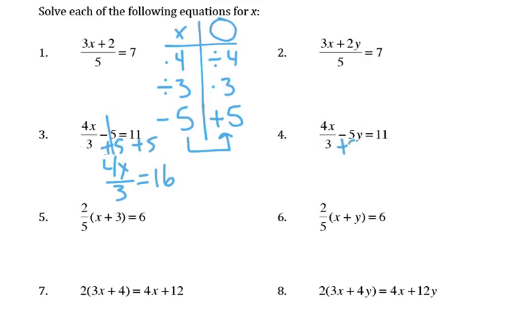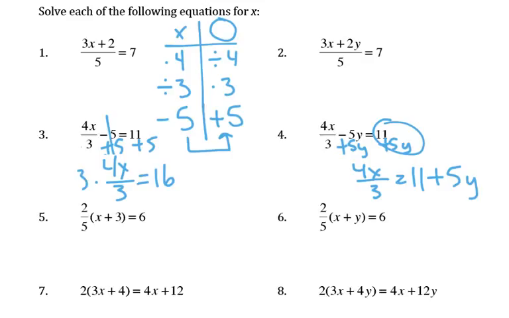So I would add 5y first, giving me 4x divided by 3 equals 11 plus 5y. It isn't 16y, it's 11 plus 5y, so I rewrite it. Same steps. Times both sides by 3. Those become 1. We get rid of them. 16 times 3 is 48, I believe.